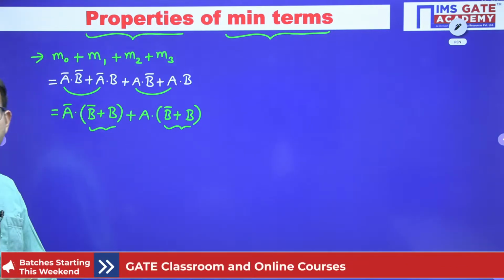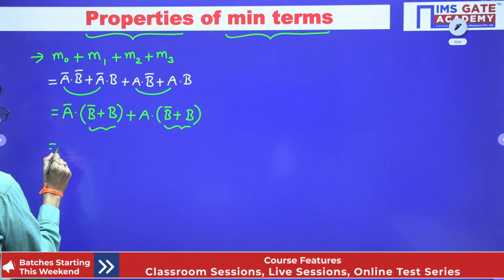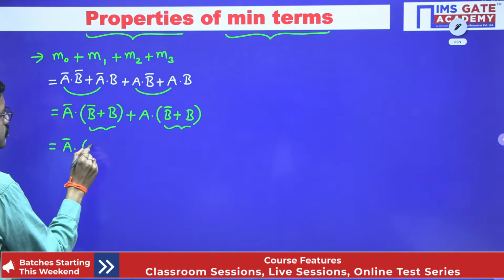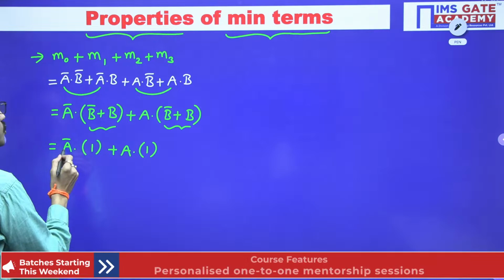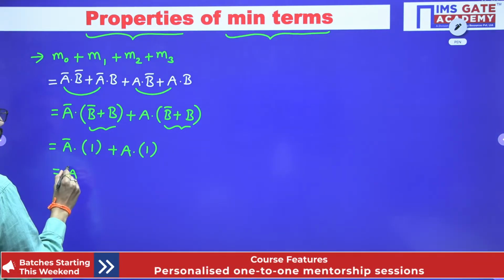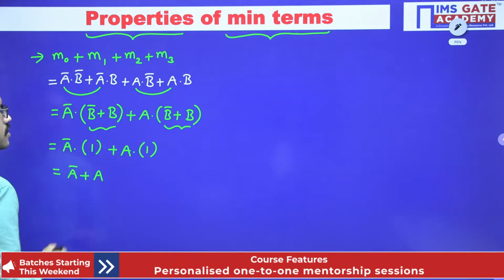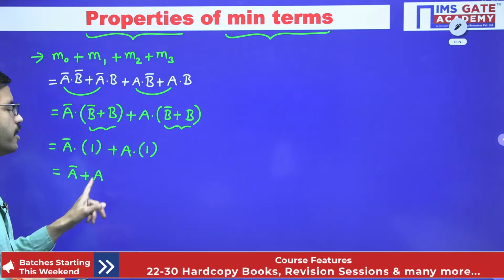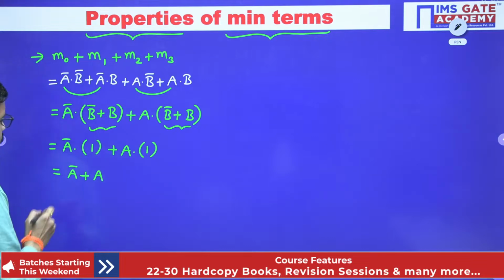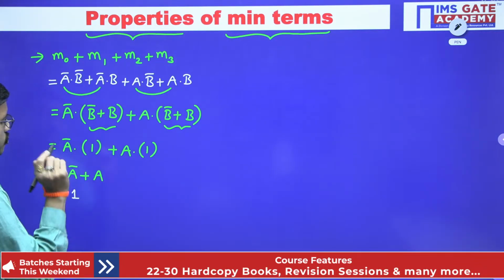B bar plus b is 1, right? So that means a bar into 1 plus a into 1. A bar into 1 is nothing but a bar, plus a into 1 is nothing but a. So once again, just like b bar plus b, in the same way a bar plus a, once again you will get 1.